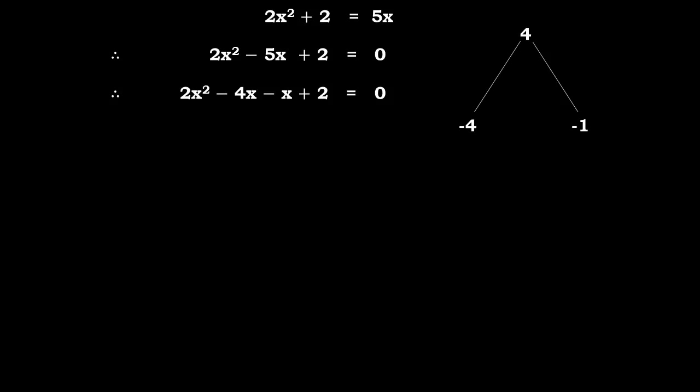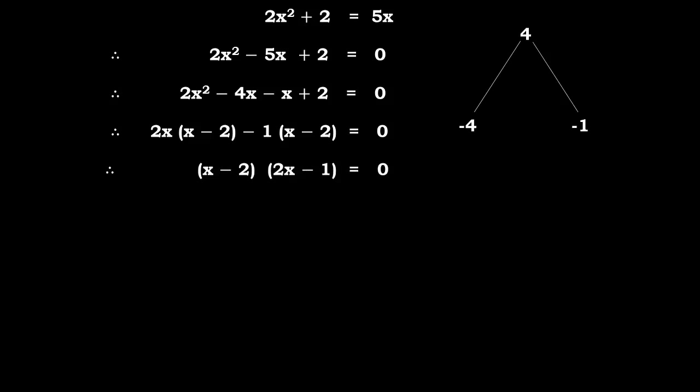So from the first two, 2x² - 4x, we can take 2x common, in bracket x - 2, and from the next two terms -1 common, in bracket x - 2. So x - 2 is the common, in second bracket 2x - 1 = 0. So x - 2 = 0 or 2x - 1 = 0.